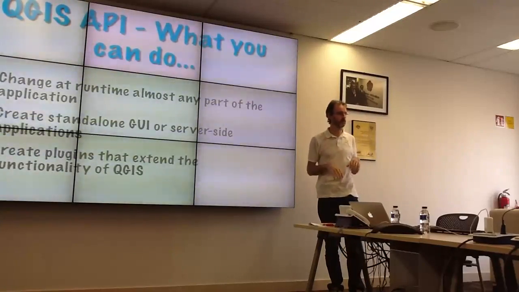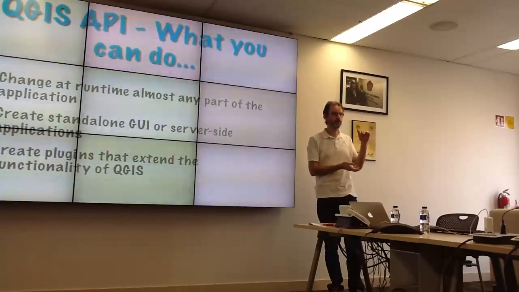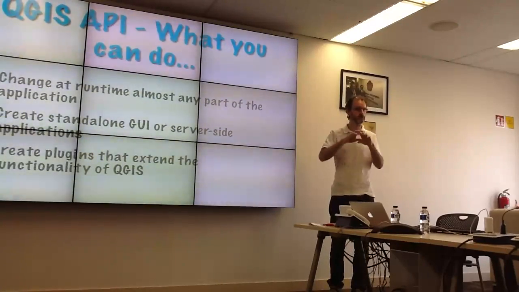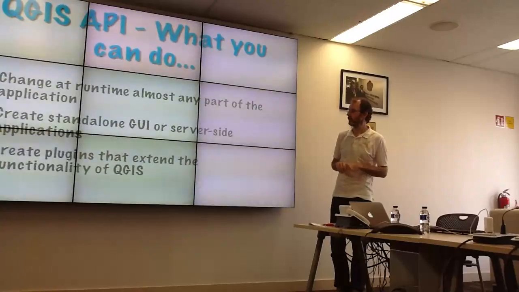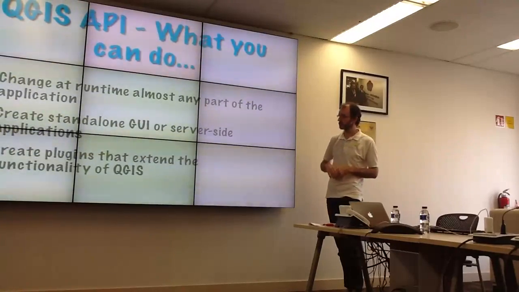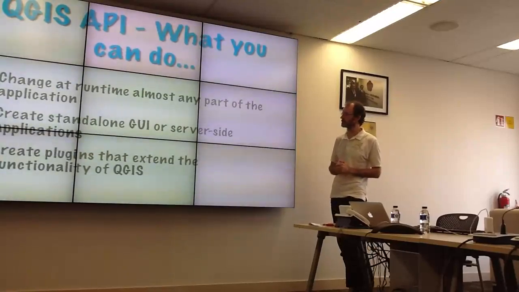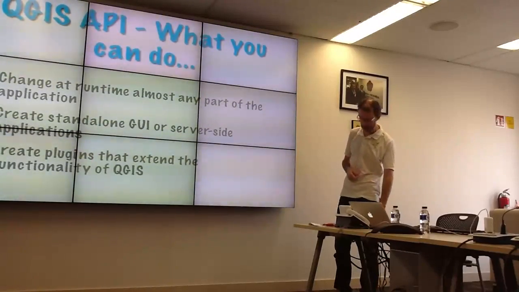They wanted to make it really simple and have all their data sets preloaded and pre-prepared. So we made a new user interface for QGIS with the QGIS API. And many people have created a whole lot of different kinds of tools and applications based on the QGIS API.